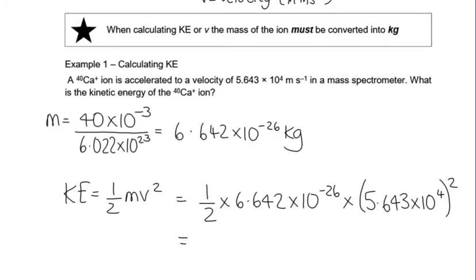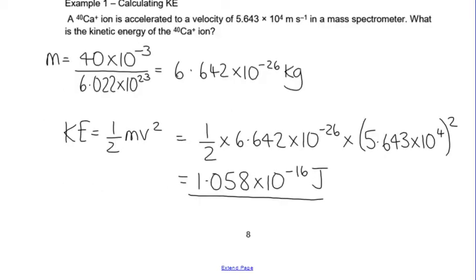So why don't you have a go, pause the video and type that into your calculator, see if you can find the answer. If you've typed that into your calculator correctly, you should get 1.058 times 10 to the minus 16. So that's how you'd calculate the kinetic energy.